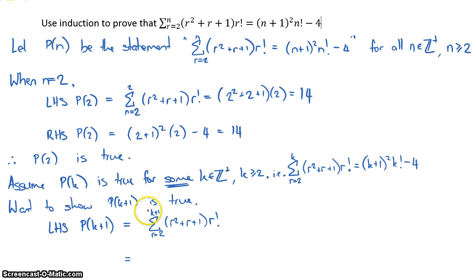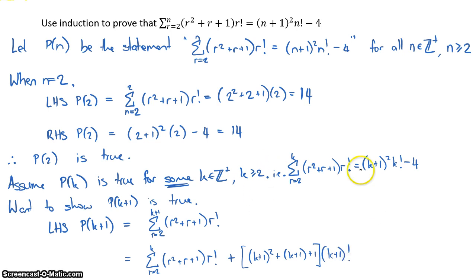So I'm going to take out the (k plus 1)th term from this and just add it on separately at the end, like this. Then plus the (k plus 1)th term, where r equals k plus 1. And that gives me (k plus 1) squared plus (k plus 1) plus 1, times (k plus 1) factorial.